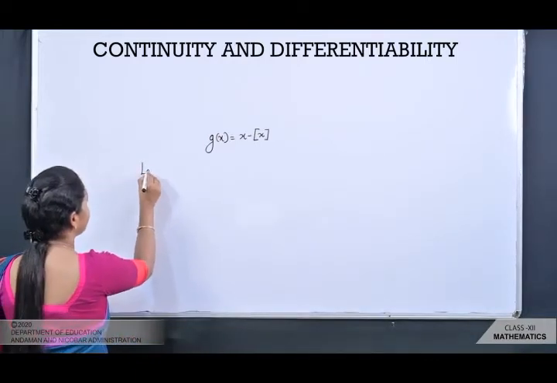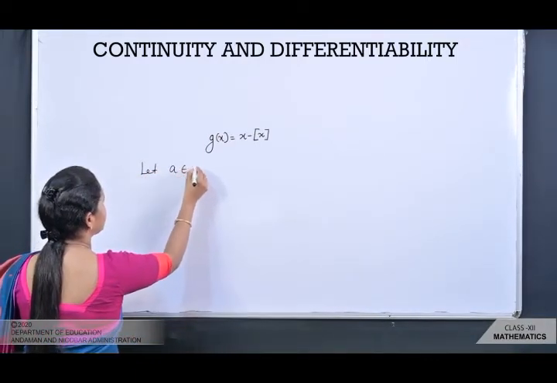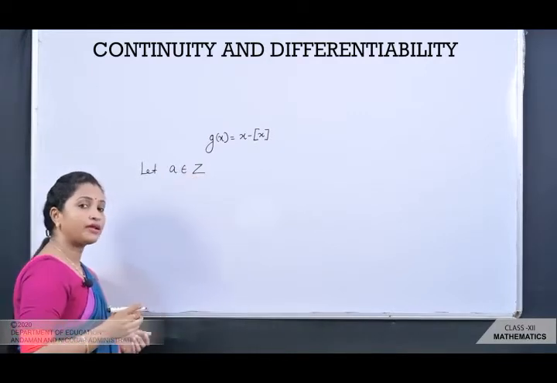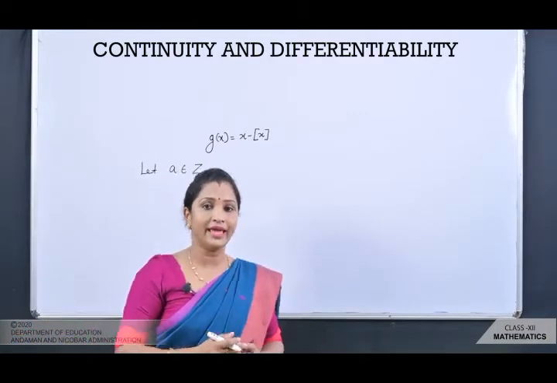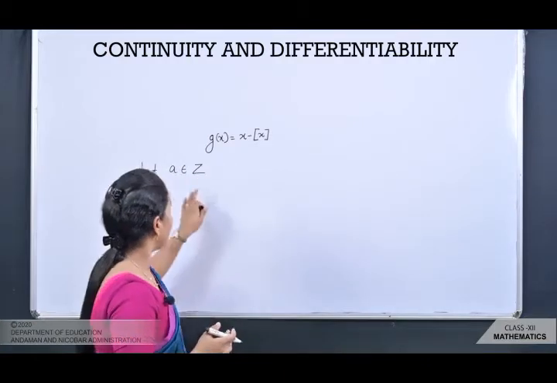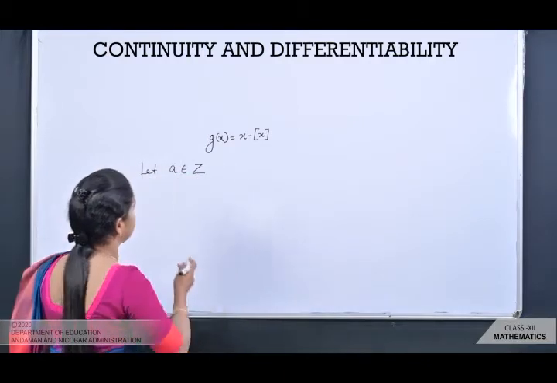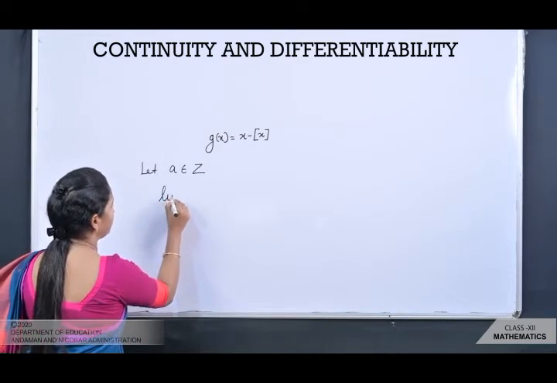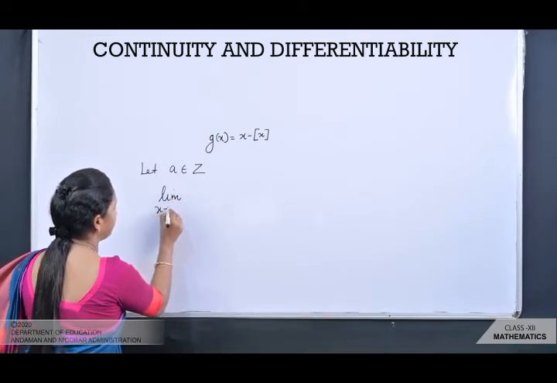So let a belong to integers. I am taking an element, number a, which I have taken from the set of integers. Now let a belong to Z, and I am finding the left hand limit.